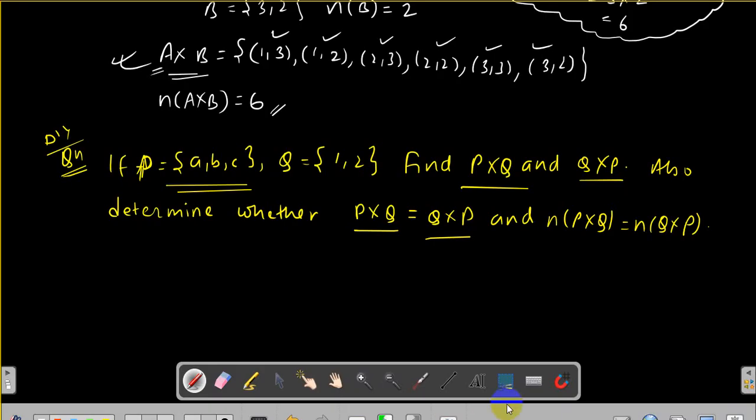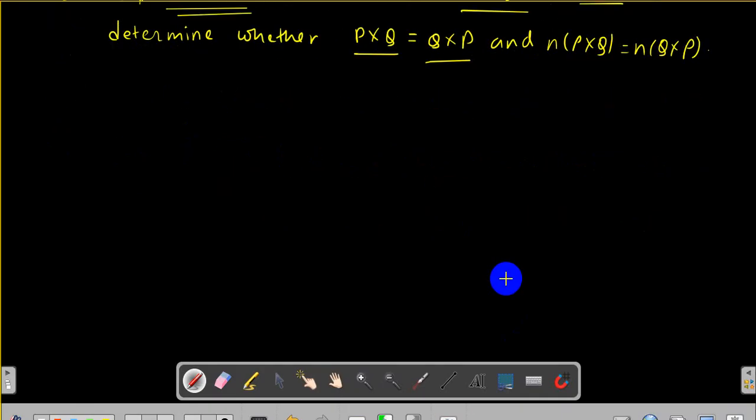The Cartesian product can be represented in various ways. Ways to represent the Cartesian product.